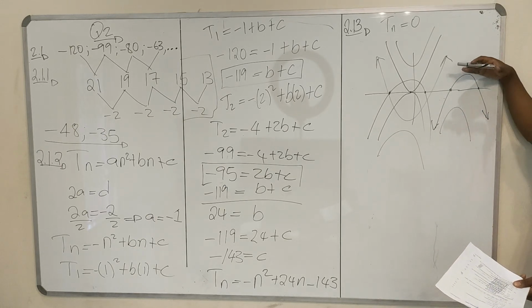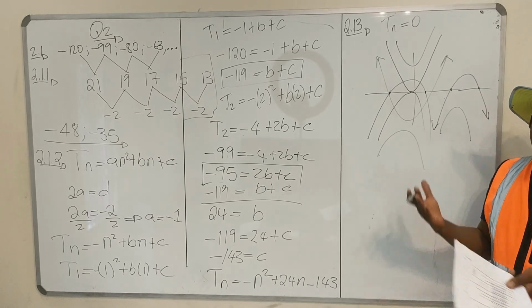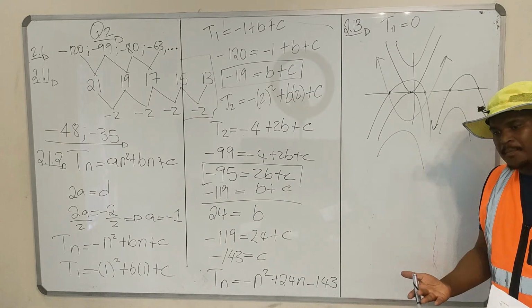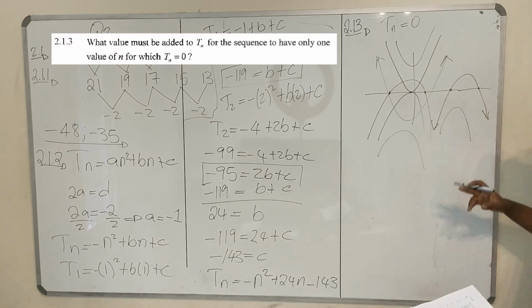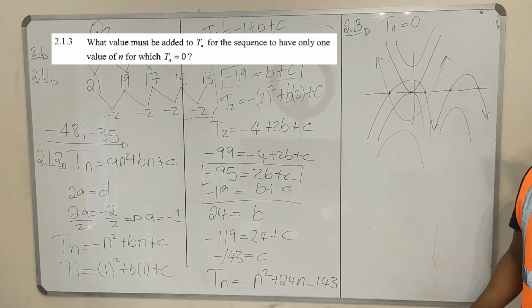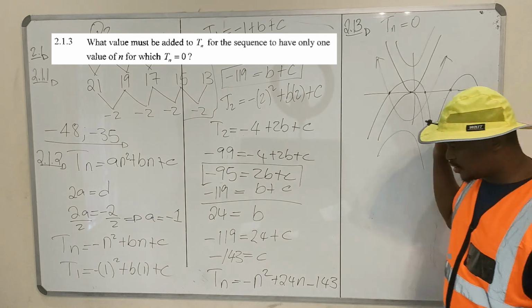If it gets to 0 and is above, then you pull it downwards, depending on the maximum of this sequence. So you need to find the maximum of the sequence. Once you know the maximum, only then will you know what you must add to the sequence such that you get 0. So, let's go. I'll clean this part now.